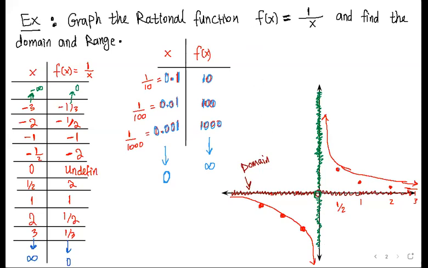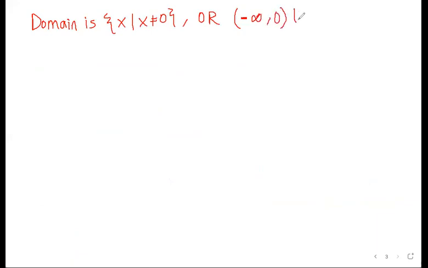So can I state the domain? The domain is the x such that x is not equal to 0. This means everything except 0. Or if I want to represent it as an interval, I can write from minus infinity to 0 open interval, union from 0 to infinity.